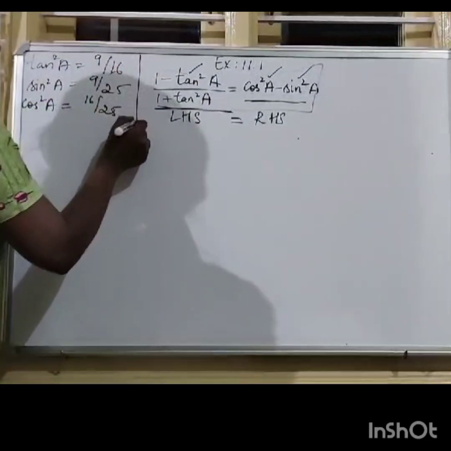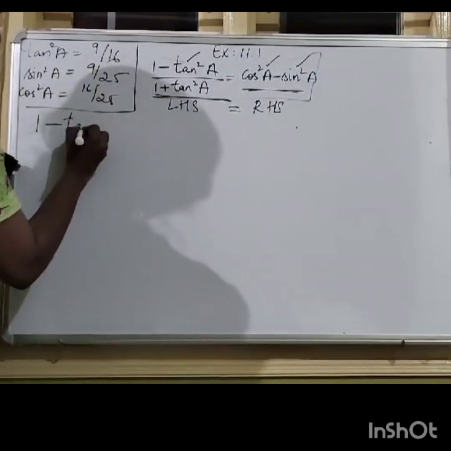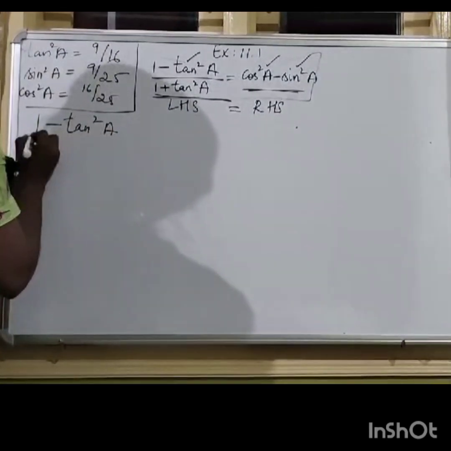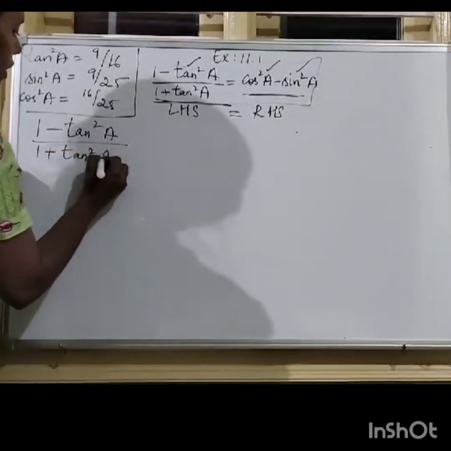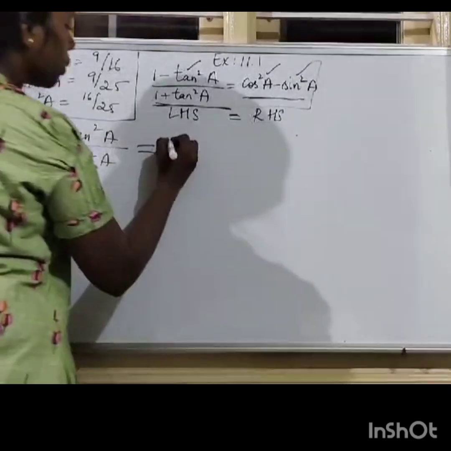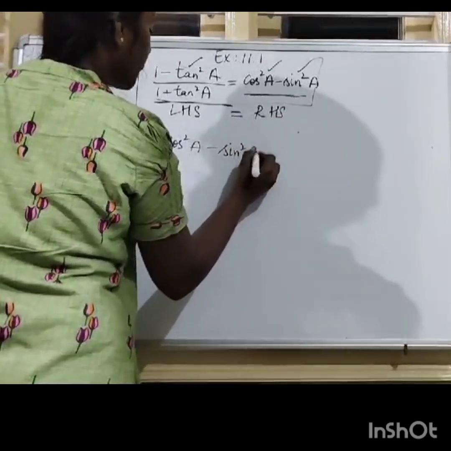So these are the values that we have got, and we are supposed to prove whether 1 minus tan square A whole divided by 1 plus tan square A is equal to cos square A minus sin square A or not.